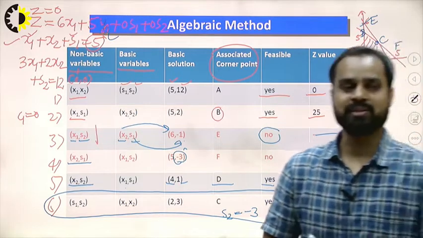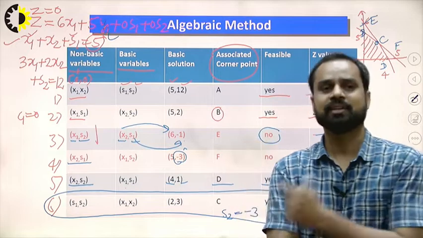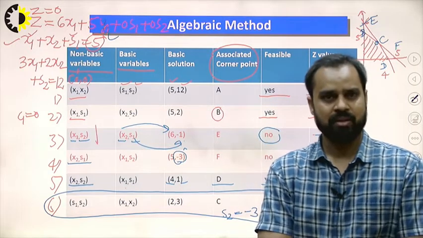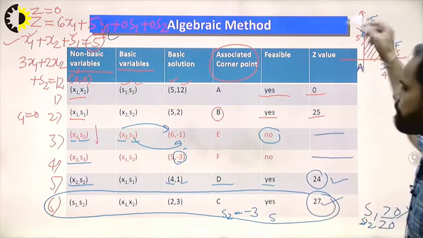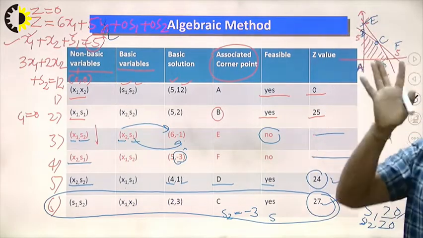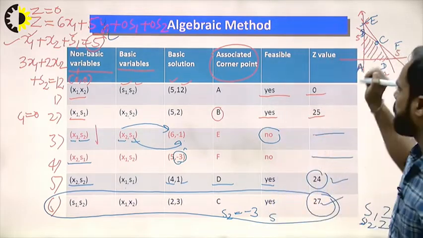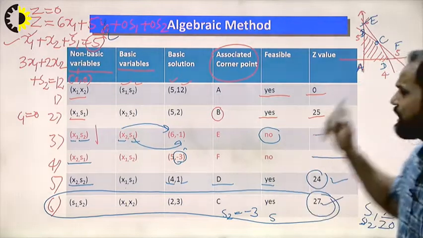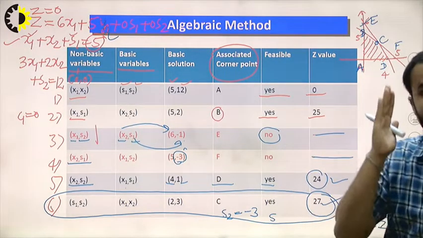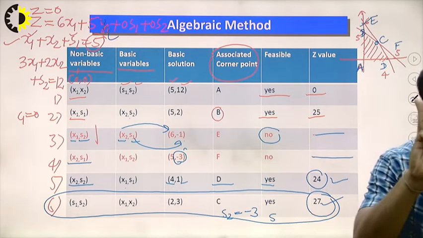Now we have to understand what are the difficulties, what are the limitations, what are the disadvantages of this method. Disadvantage number one, if I am comparing with the graphical method, which is the only method we have studied till now. In the graphical method, we only calculated the value of z at 3 corner points.